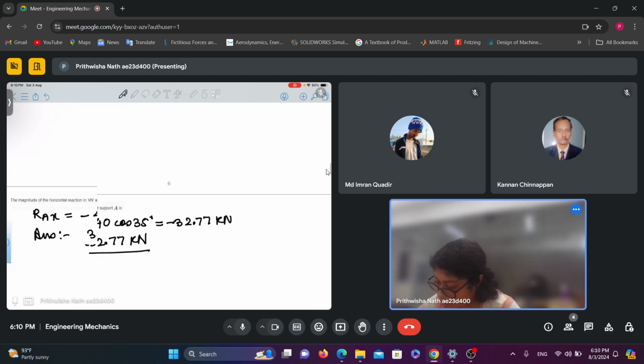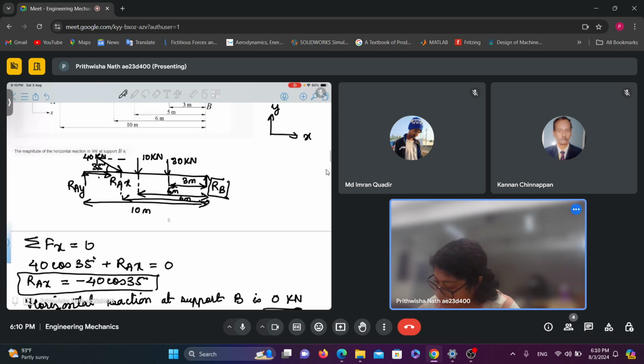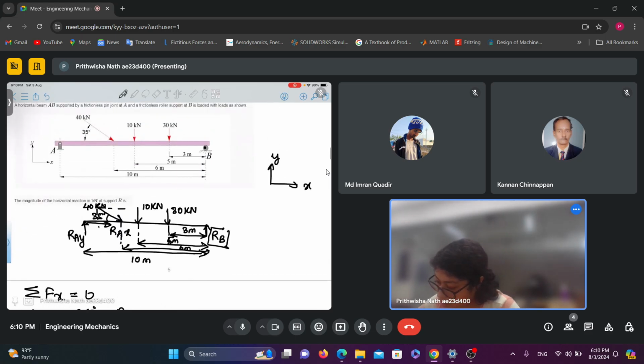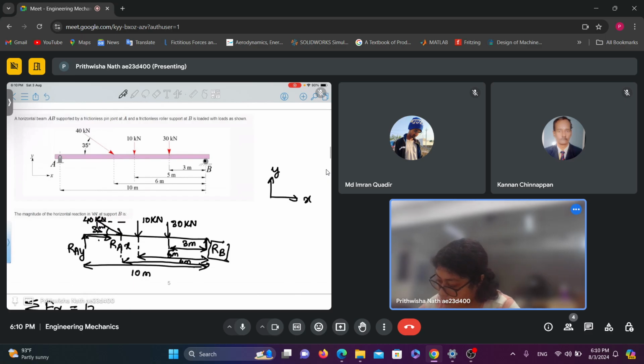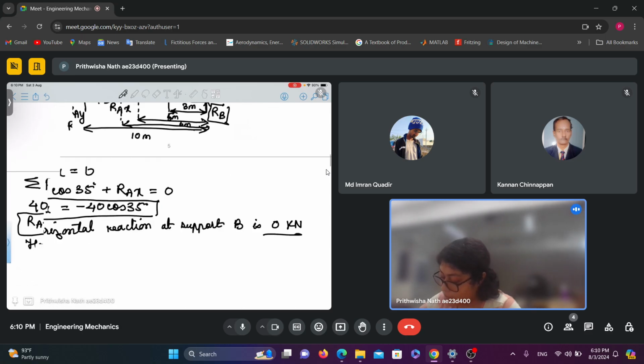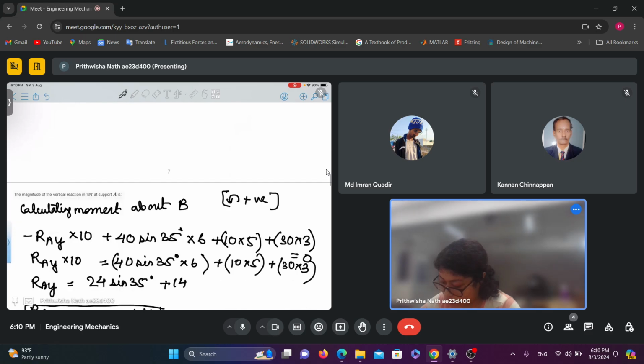The component of this force is causing a positive moment, that is a clockwise moment about this point B, so it is positive.